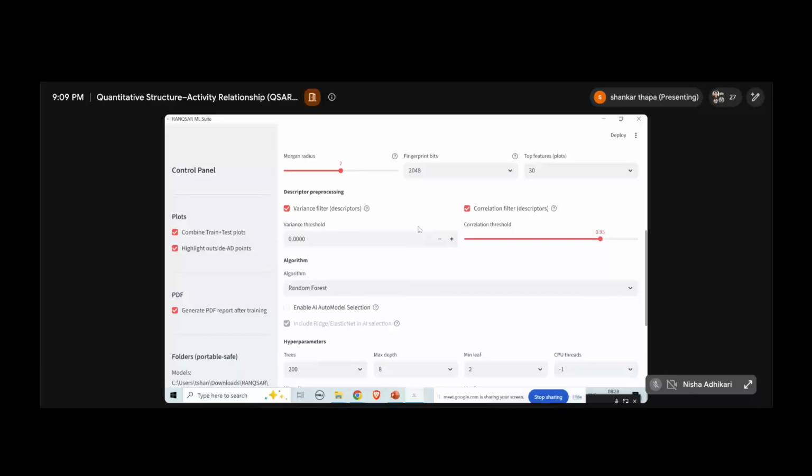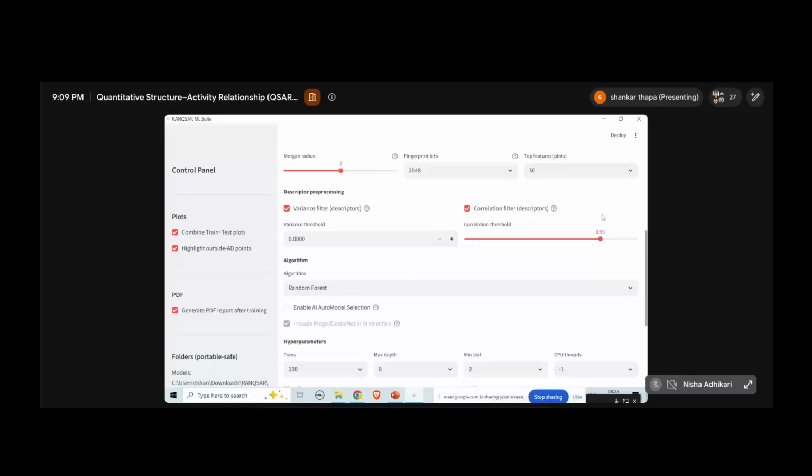Now the variance filter. This is very important. What does it mean? It automatically filters the low-variance descriptors. Whatever variables or descriptors are matching each other, or if any zero is there, or all the variables are ones, and many other parameters like that. If you check this one, it will automatically remove those from the model development procedure. Another important thing is the correlation filter. Generally this correlation threshold should be 0.95.